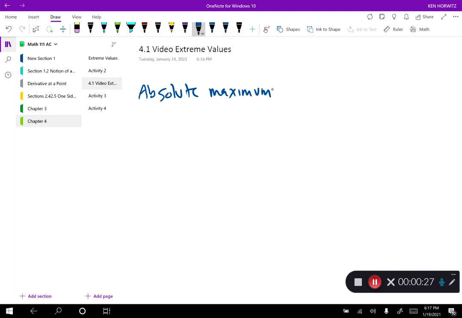An absolute maximum basically says that I have a maximum. So here, I'll just do the definition.